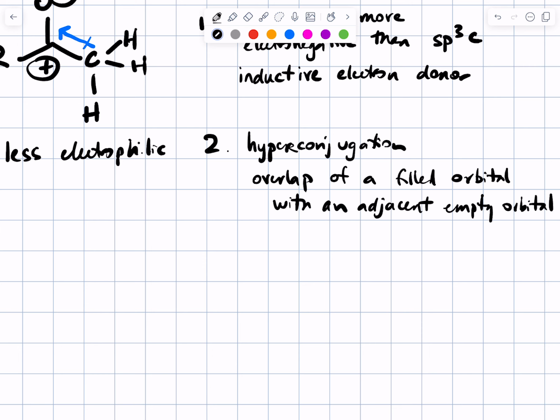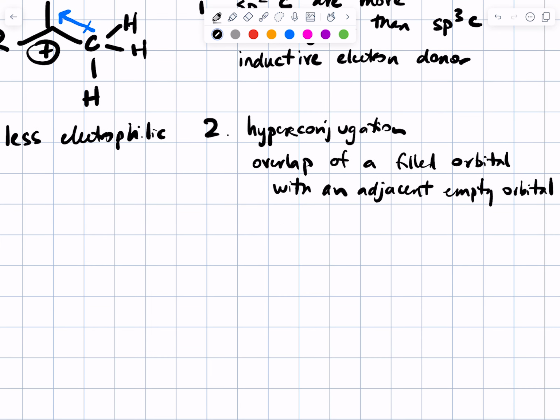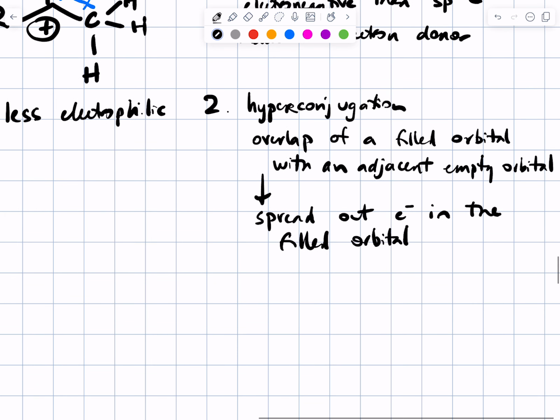And we'll talk about this multiple times. We're just going to introduce it today. The consequence of hyperconjugation is we spread out electrons in the filled orbital towards the empty orbital, and electron delocalization is stabilizing.